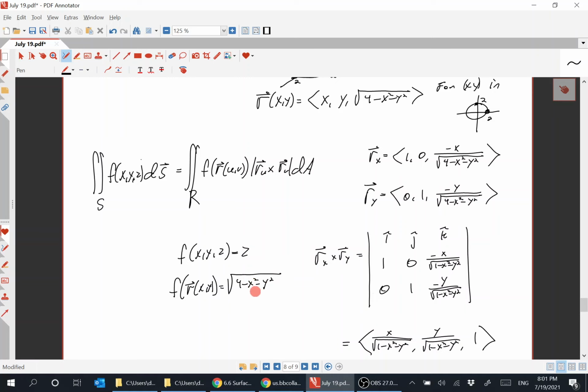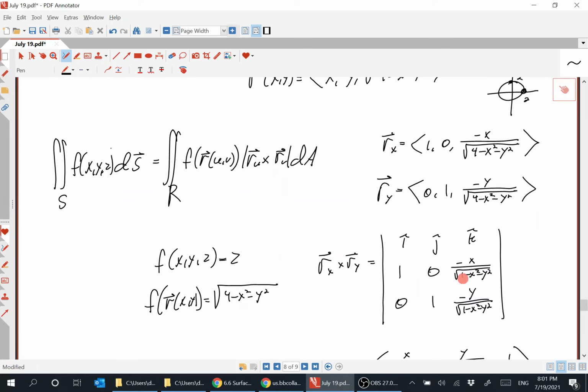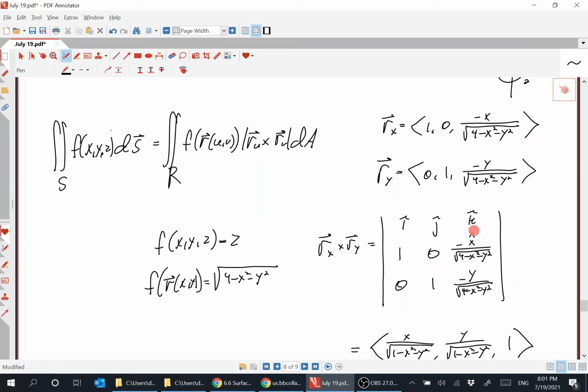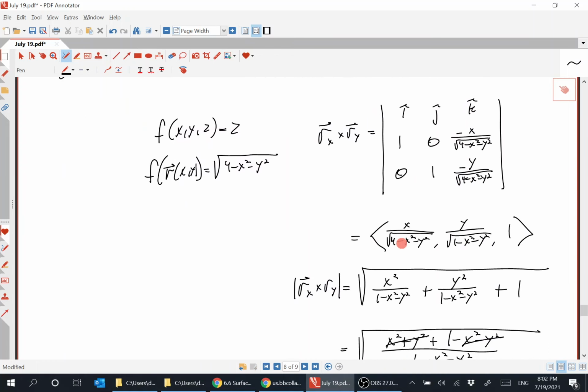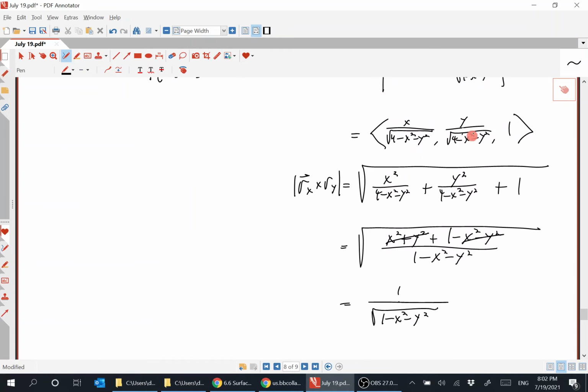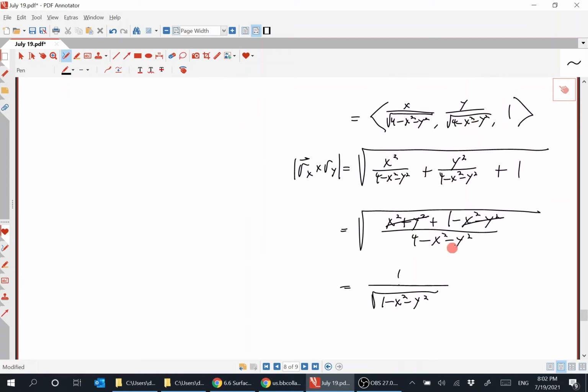Oh, did I change my 4 into a 1 during this calculation? I did. Those are 4s. 4, 4, 4, 4, 4, 4, 2. Okay.